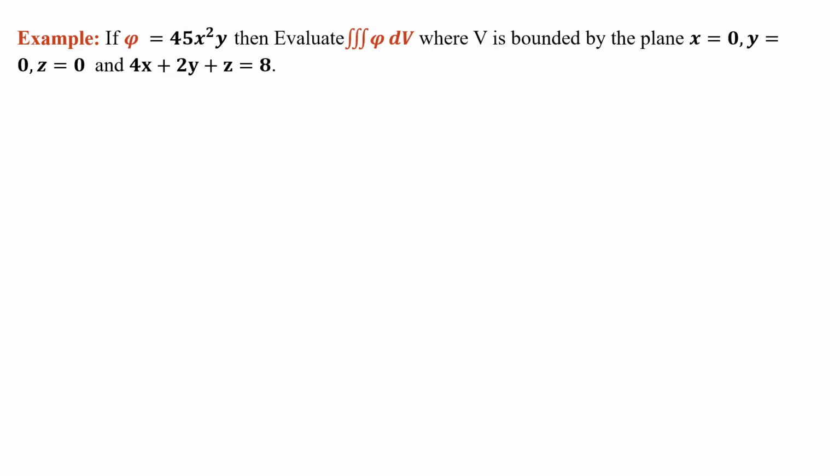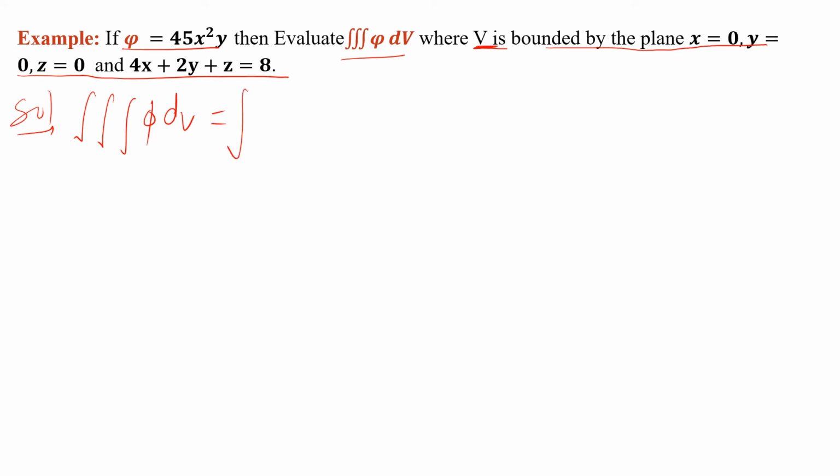Then in the next example, we have given a function phi. That's a scalar function, and we have to evaluate the triple integration of phi dv. And here v is the volume, or we can say the region which is bounded by these planes.